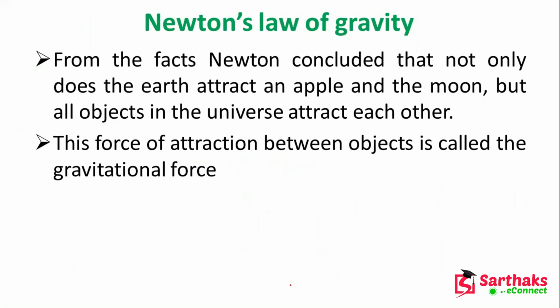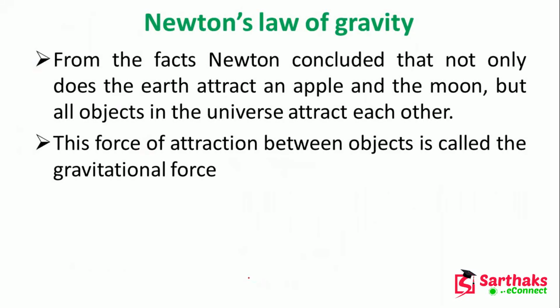So with these events, Newton concluded that not only does the earth attract an apple and the moon, but all objects in this universe attract each other. And this force of attraction between objects is called gravitational force.